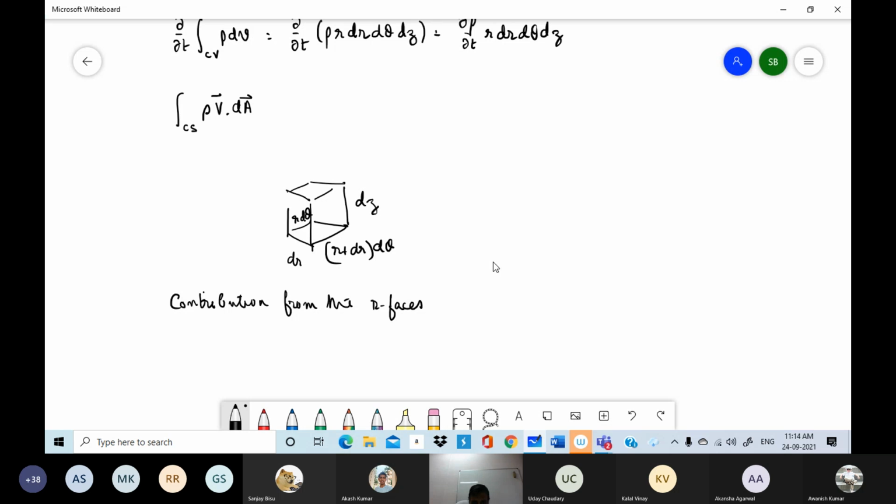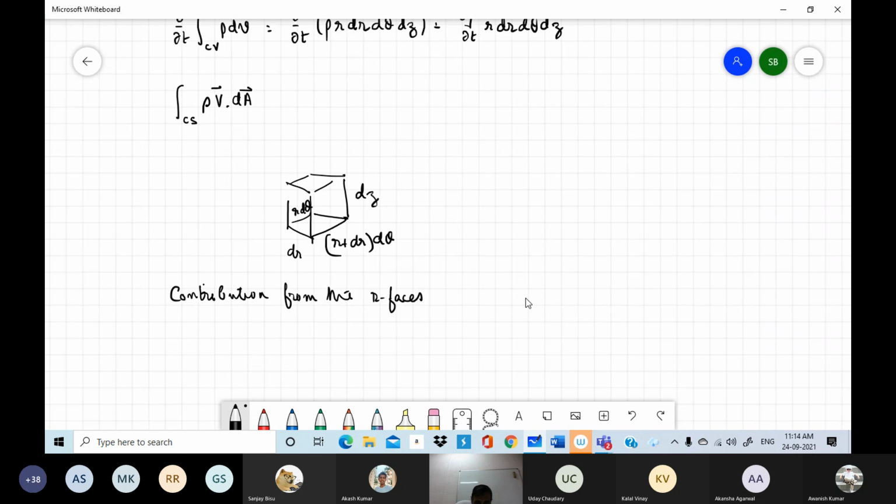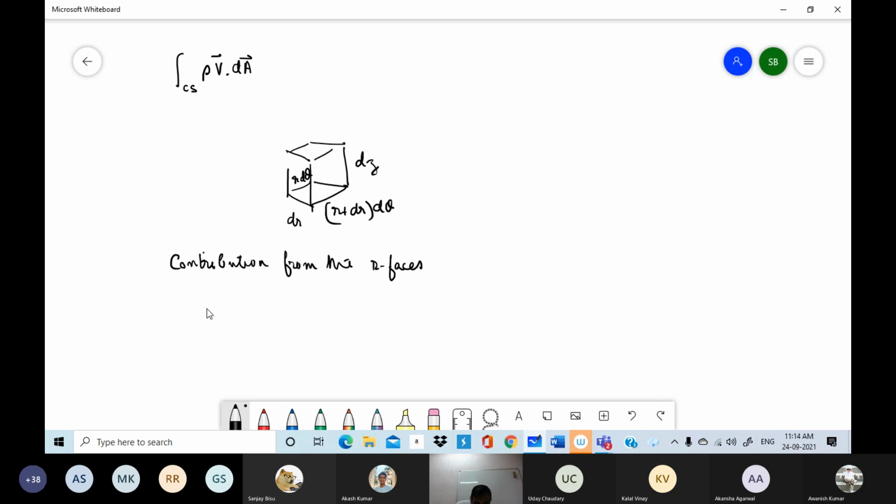Rho v dot dA. If I express v in cylindrical coordinates, it will have components. I think here I have to use e_r, e_theta, e_z.